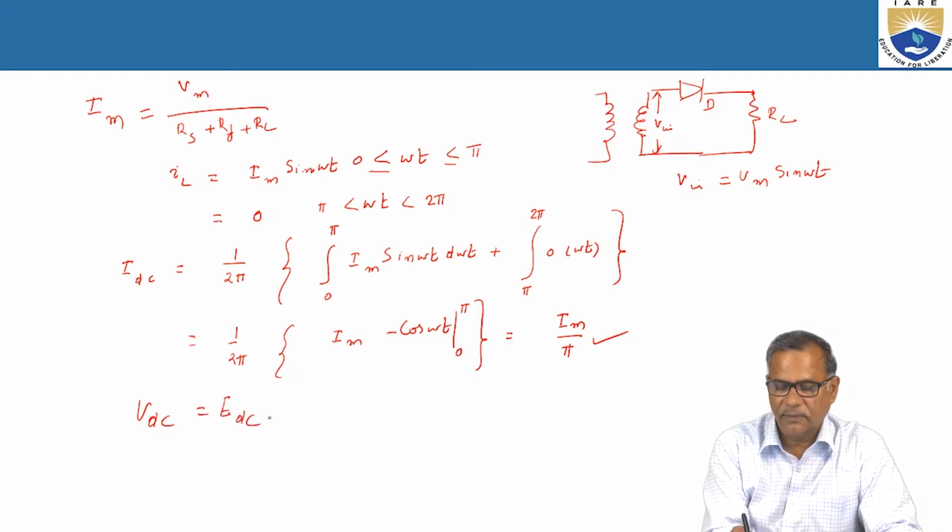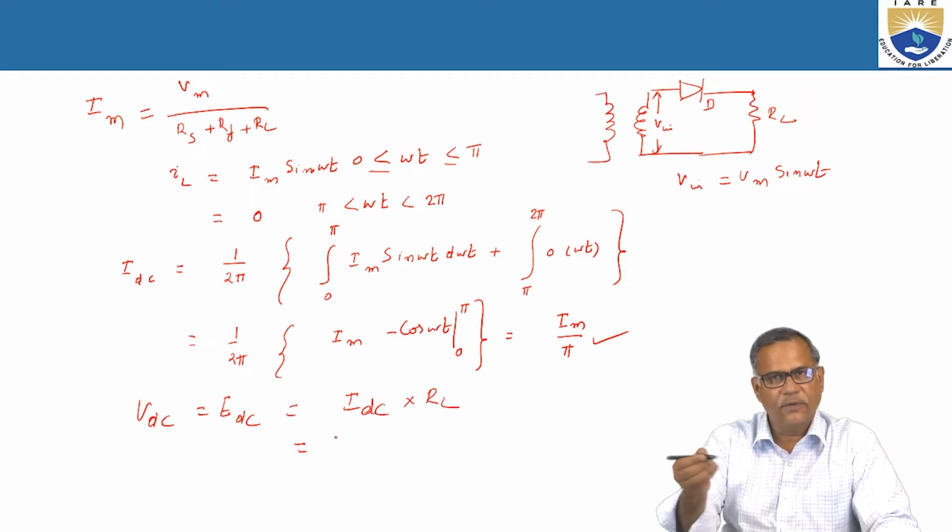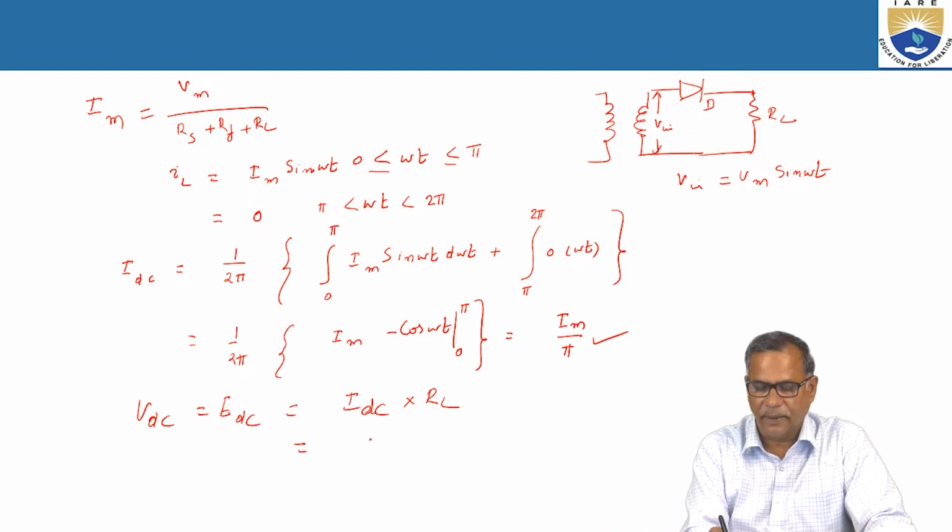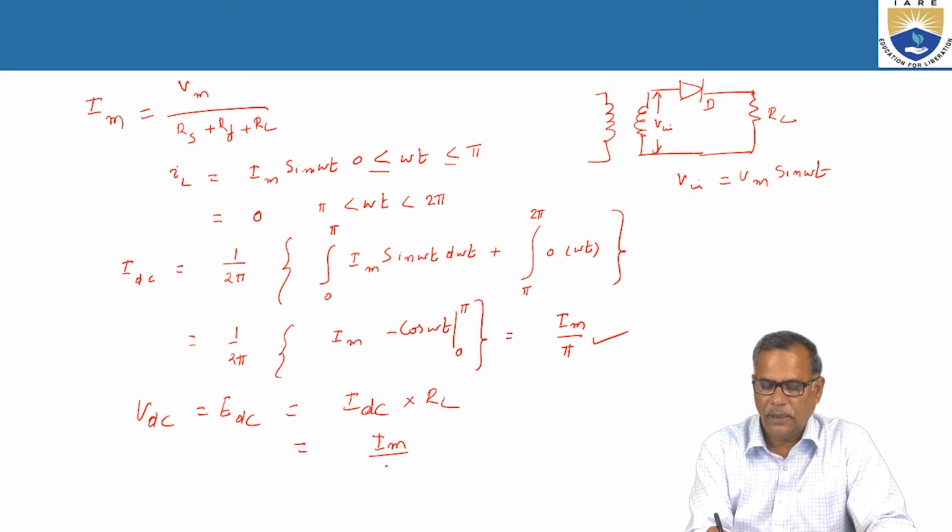That is IDC multiplied by RL. What is IDC? Just now we calculated it as Im by pi. So it is Im by pi into RL.